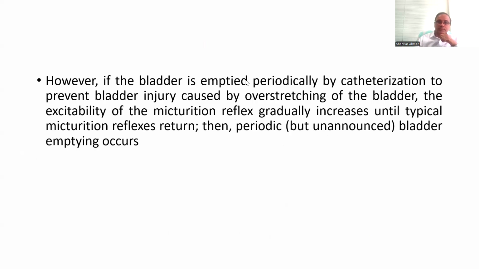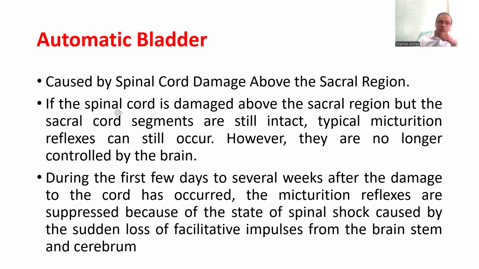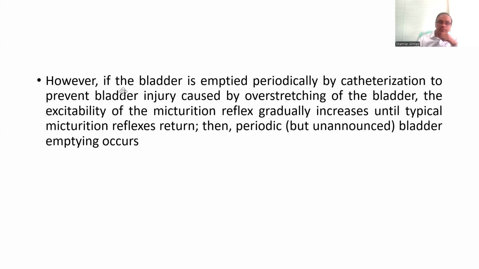However, if the bladder is emptied periodically by catheterization to prevent bladder injury caused by overstretching, the excitability of the micturition reflex gradually increases until typical micturition reflexes return. Then periodic bladder emptying occurs. This is called automatic bladder caused by spinal cord damage.